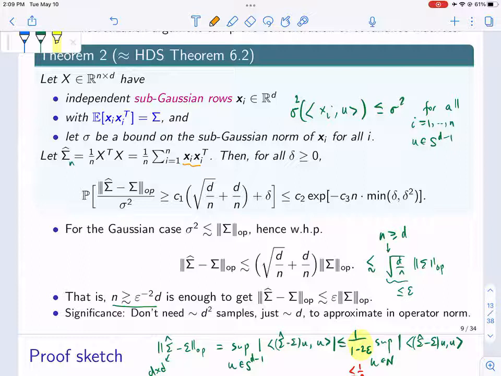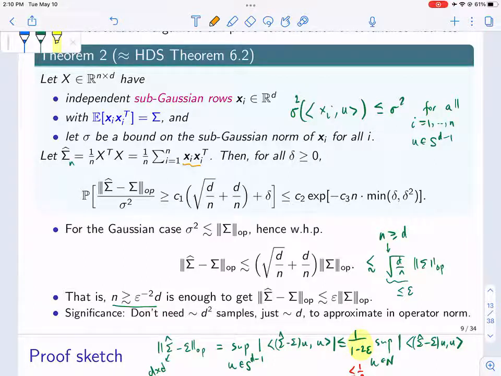So if you ignore the delta here, if you look at this part, roughly speaking, with high probability, what you're saying is that this is bounded by this times sigma squared, and sigma squared can be upper bounded by the operator norm of sigma. So this is saying that this deviation is within this factor of the operator norm of sigma.